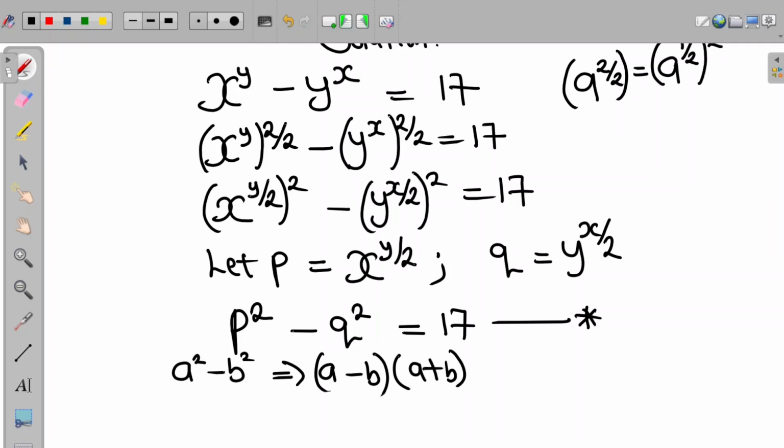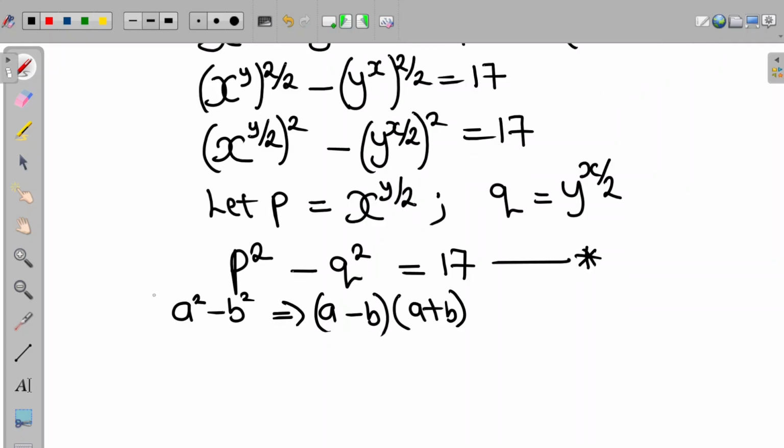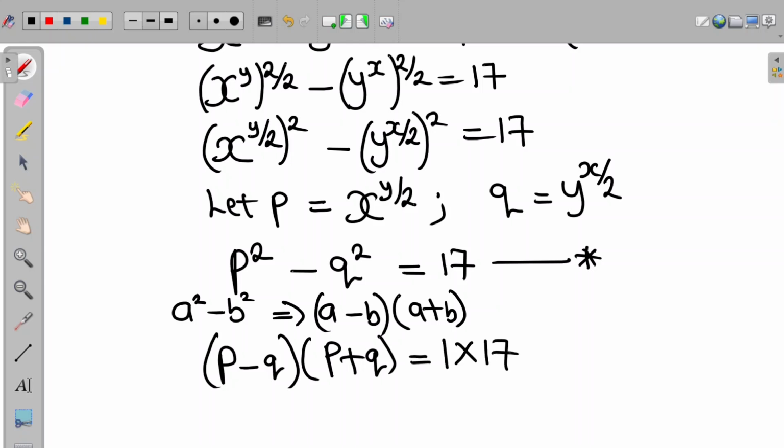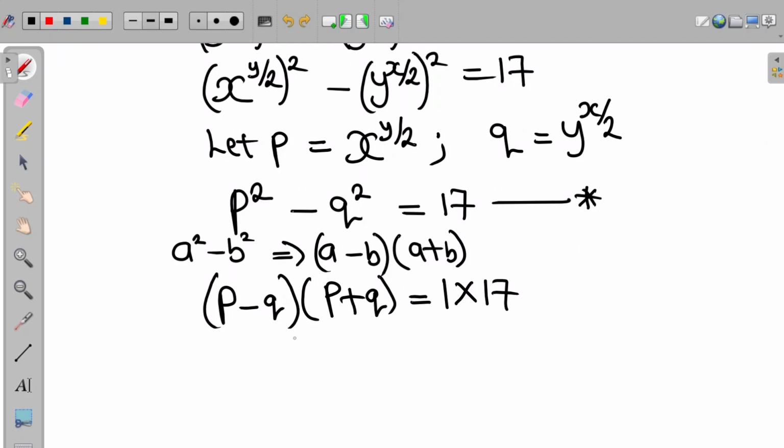So our equation now becomes p minus q multiplied by p plus q equal to 1 times 17. So by comparison, p minus q is equal to 1 and p plus q is equal to 17.